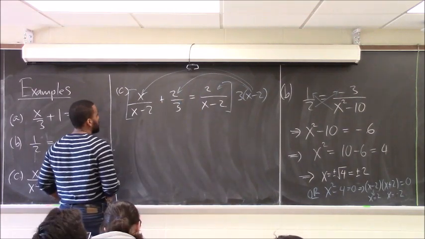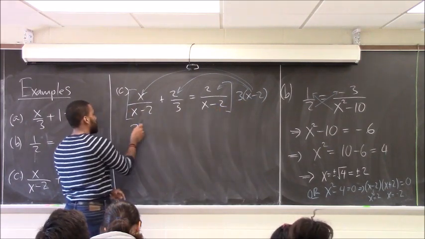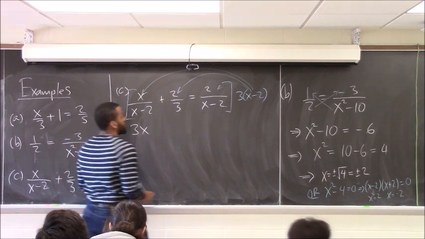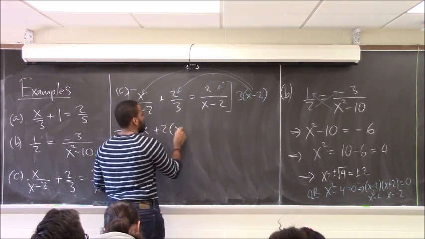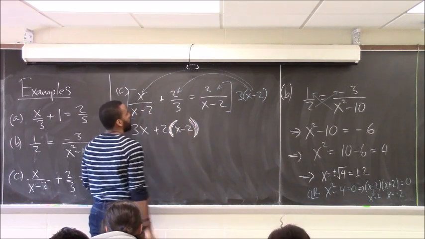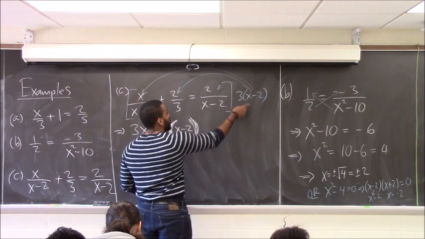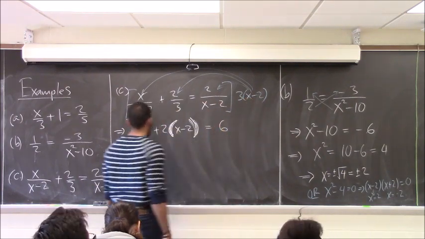In the first case, the x minus 2's cancel, and I'm left with 3 times x. Over here, the 3's cancel, and I'm left with 2 times x minus 2. Do not forget the parentheses. This times that, the x minus 2's cancel, and I'm left with 6.